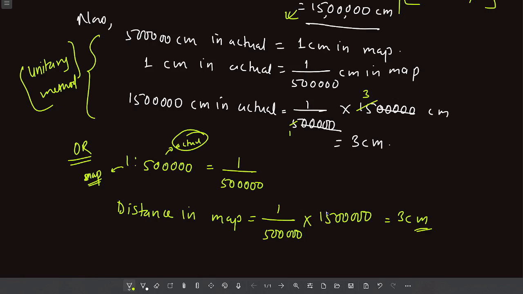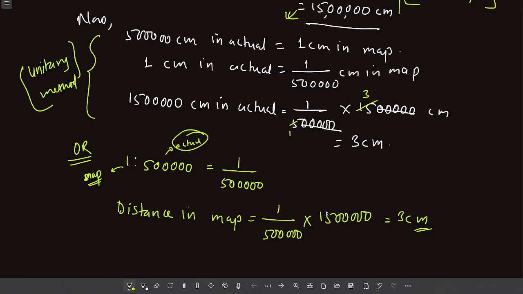Two methods. I have discussed two methods here. One method is using the unitary method to find the distance in map. Another method is using that simple ratio that is given by the question. The ratio given by the question is 1 is to 5 lakhs. In that ratio 1 is to 5 lakhs, that 1 represents the distance in map, and the 5 lakhs represent the actual distance in real, means actual distance between any two places.